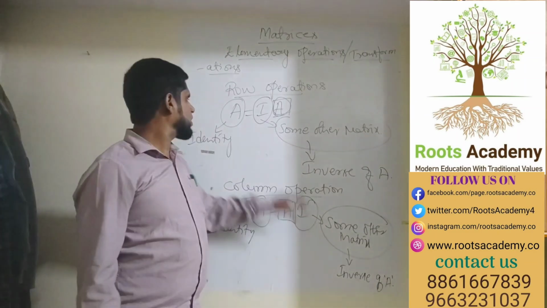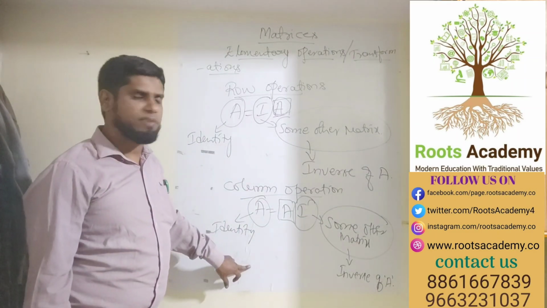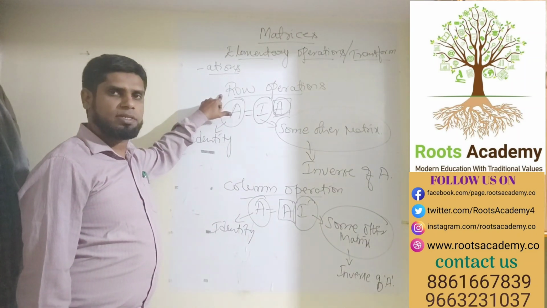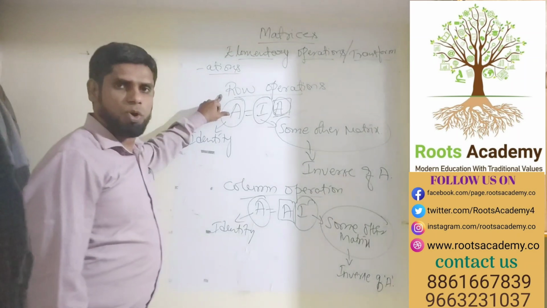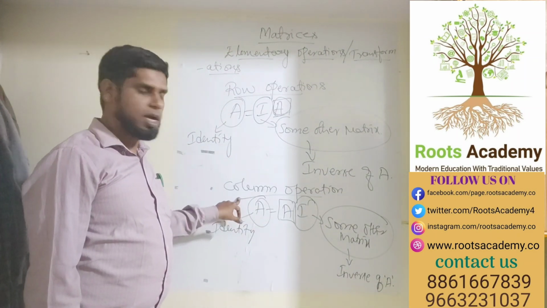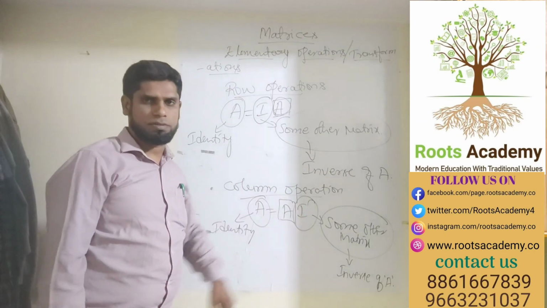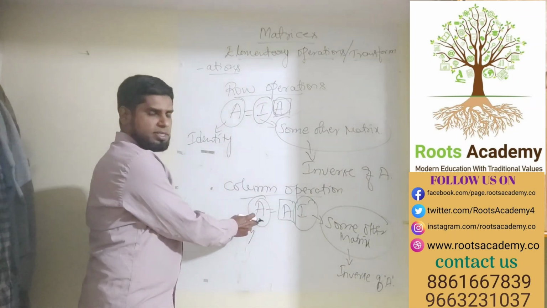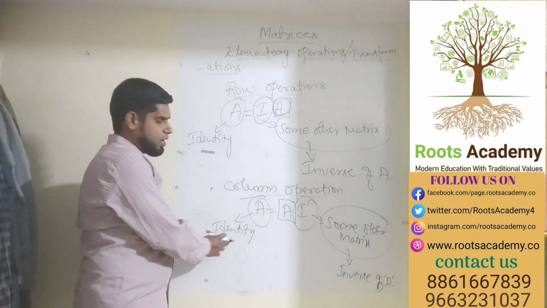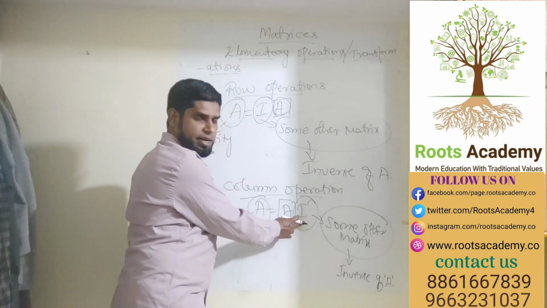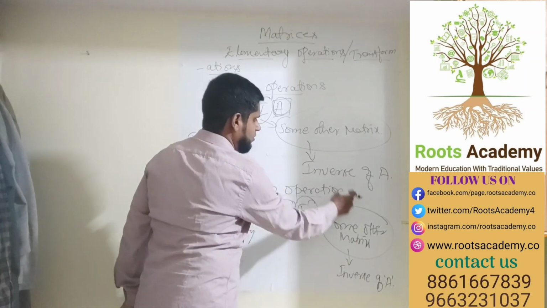Both concepts are the same, but the only difference is that in row operations we change the elements according to the rows, and in column operations according to the columns. But our intention is the same: the A matrix should become an identity, and whatever we get in place of the identity matrix is our inverse.